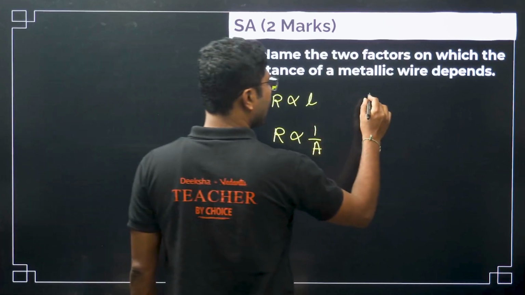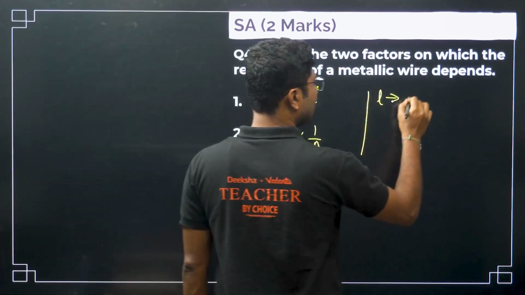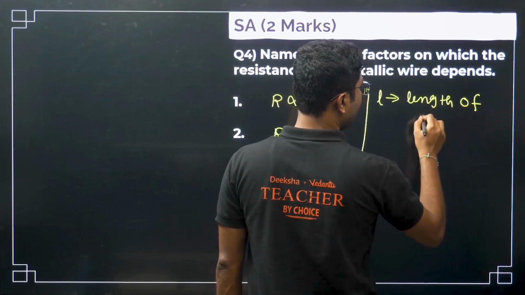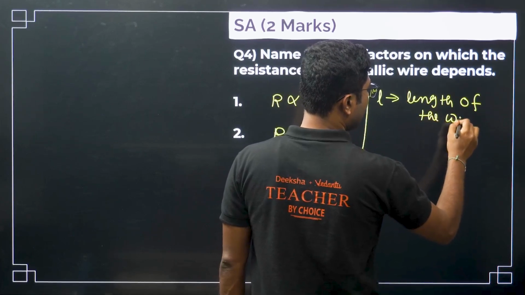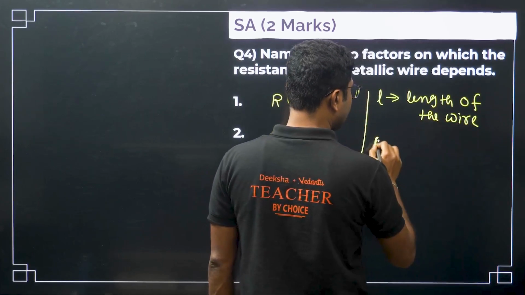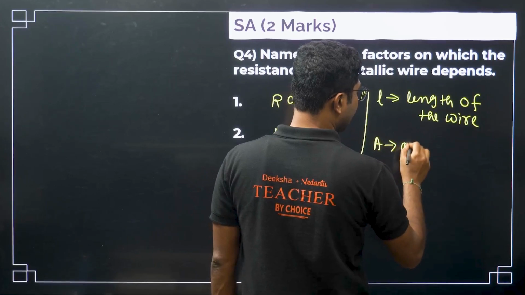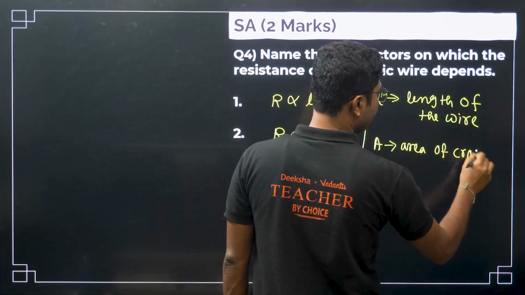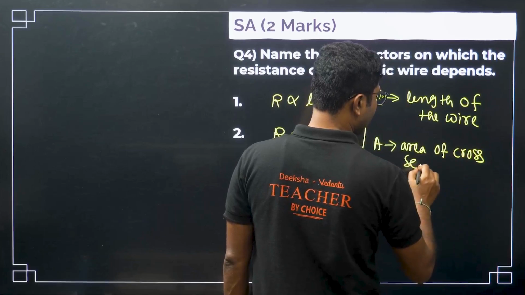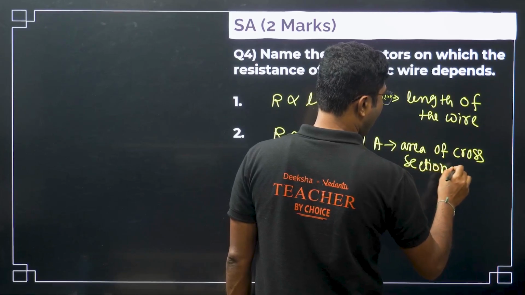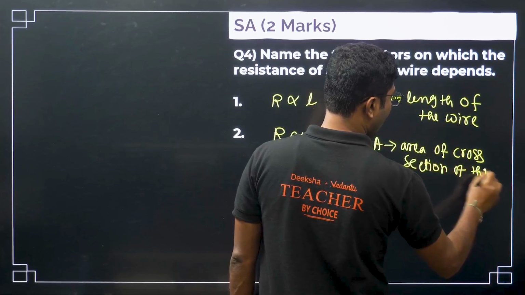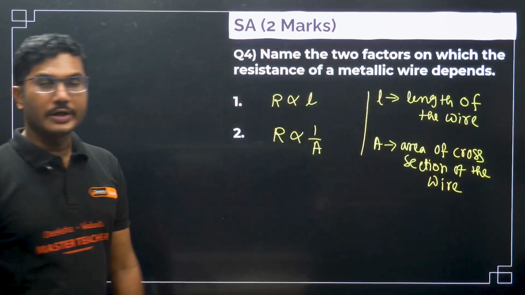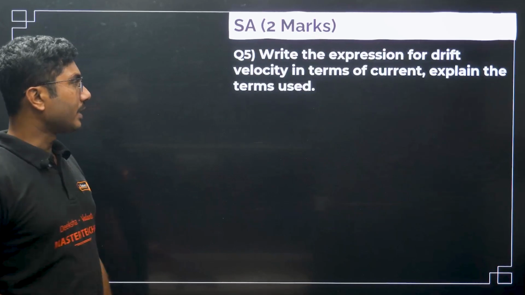You can mention L is the length of the wire, and A is the area of cross section of the wire. If you mention these two, you will get full marks.